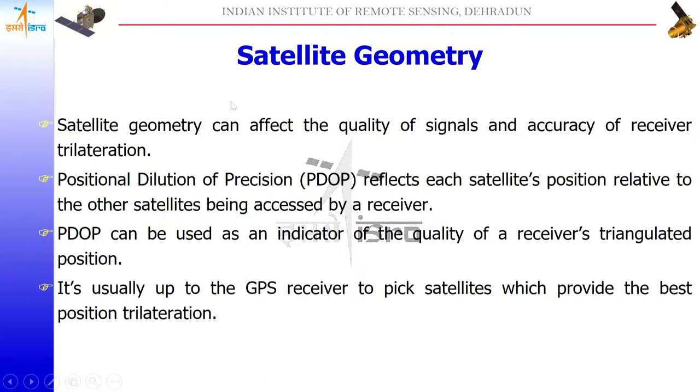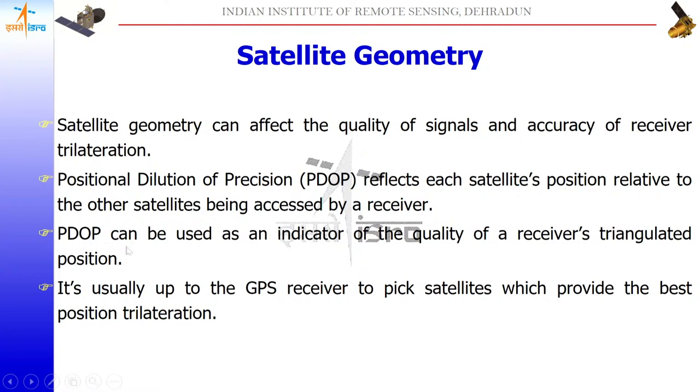Now we come to the satellite geometry. Satellite geometry can affect the quality of signals and the accuracy of receiver trilateration. I told you last day that we define satellite geometry with the help of DOP, the dilution of precision, here the PDOP. It reflects each satellite position relative to the other satellites being tracked by the receiver.